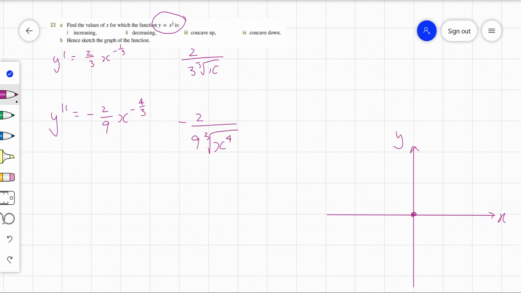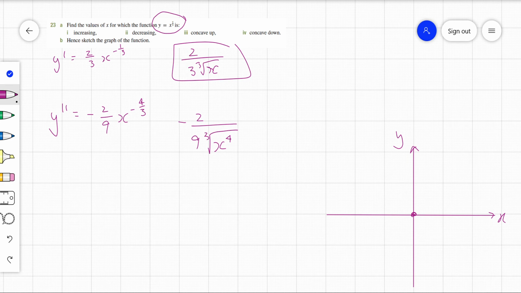Hopefully. All right, if we know that, that kind of makes it easy. First of all, we're looking for where the function increases and decreases, so we're looking at y dash. Now you can see if I put positive values of x in there, then that is going to be positive.